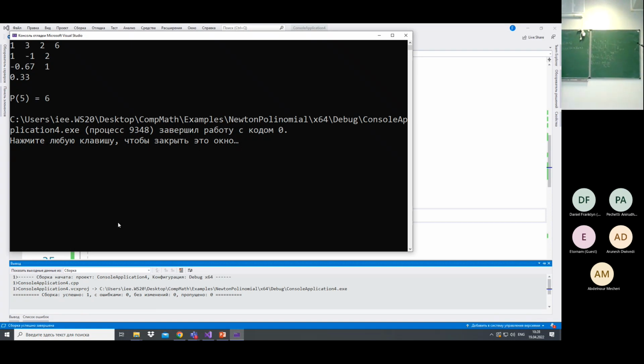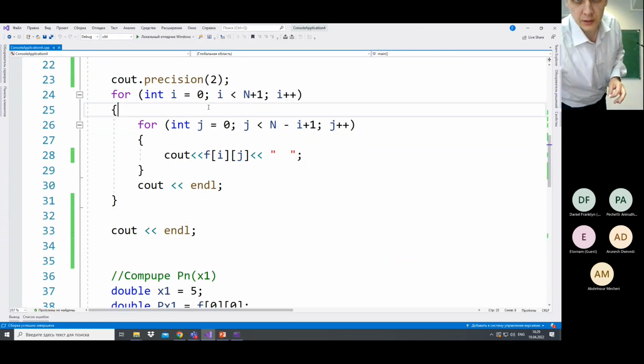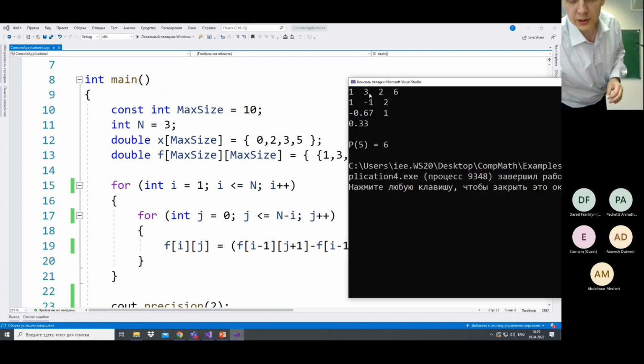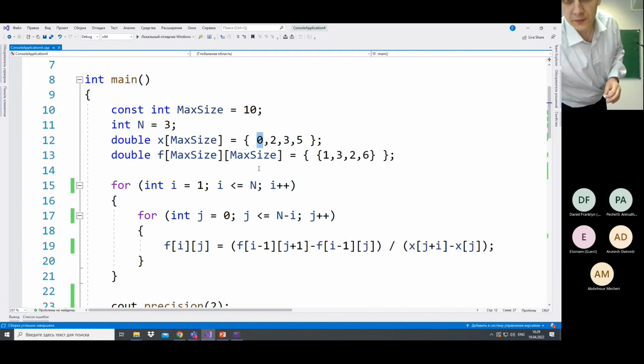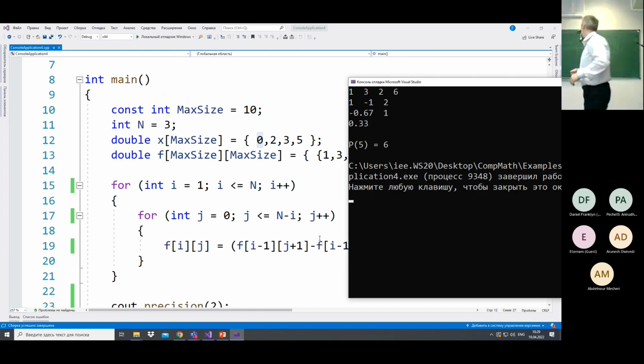P1 of x is 1 plus, let's take the next, 1 times x minus x0. What is x0? I don't output it here on the screen in this program. What is 0? The first 0 is 0. The first 0, x minus 0. So P1 will be just 1 plus x.